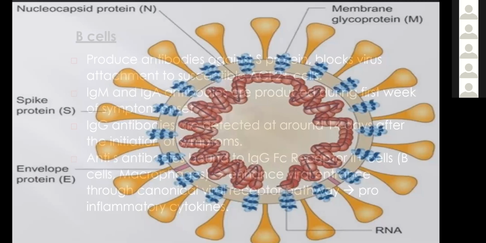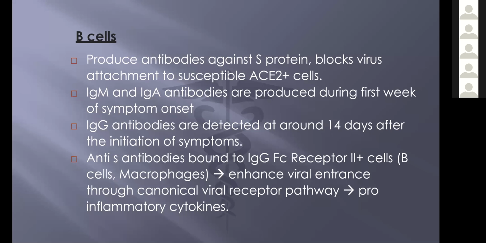Now about the antibody response: B cells produce antibodies against the spike protein, and thus it blocks the virus attachment to the susceptible ACE2 plus cells. The ACE2 receptor is responsible for the internalization of SARS-CoV-2 into the cells. So as a result, if it is blocked, the invasion of the virus is affected.